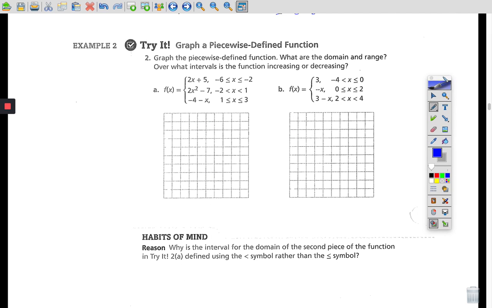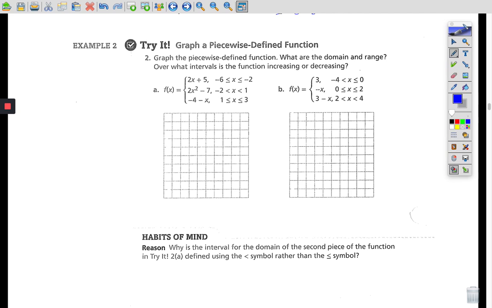All right, next what we're going to do is we are going to graph a piecewise defined function. It says graph the piecewise defined function, then find the domain and range, and over what intervals is the function increasing or decreasing. All right, so the easiest way that I can think to do this is to use symbols.